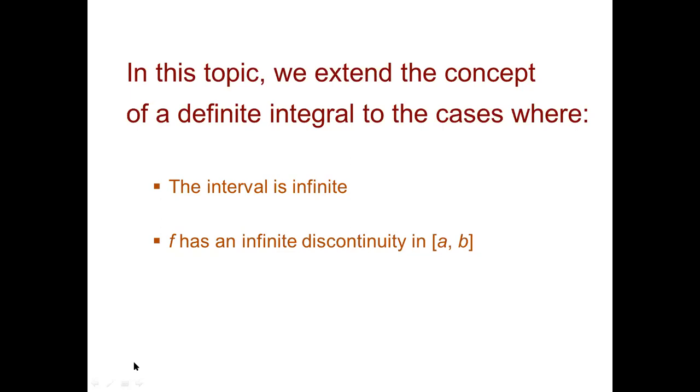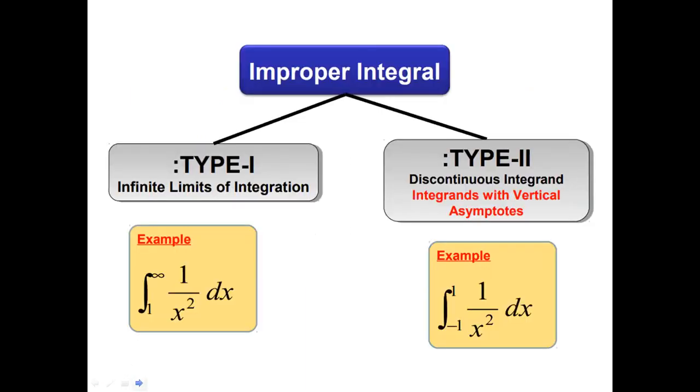And the other one is, even if the limits of integration are not infinite, if you plot the function, there's a discontinuity, or shall we say the value of the function ceases to exist. Then the particular definite integral is also what we call an improper integral.